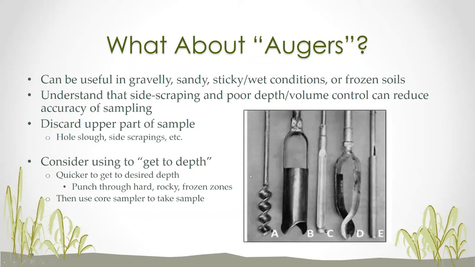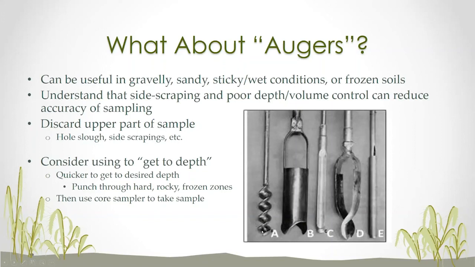It's hard to determine exactly what depth you're at when you're taking one of these. And because of the way that they're designed, they do a lot of side scraping of the borehole. And so you get poor depth control, you get poor volume control oftentimes with these, and the accuracy of your sampling can go down.